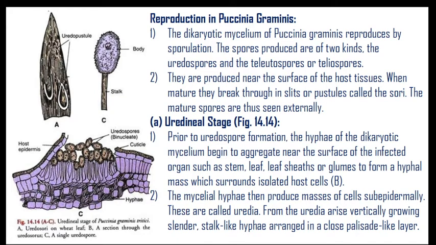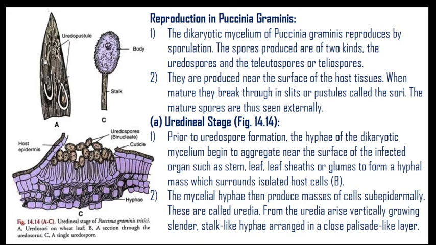Then we are going to learn about reproduction in Puccinia graminis. First of all, here is the diagram which shows the uredinial stage of Puccinia graminis. A is the uredosori on a wheat leaf.